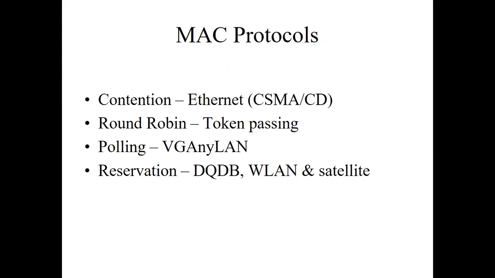Then there is also round robin. This one is used in token passing, in token rings. There's a token that moves along the ring clockwise. If one computer wishes to send a packet, it will get a token from the ring and place the frame on that ring. Then the ring will start going to its destination.